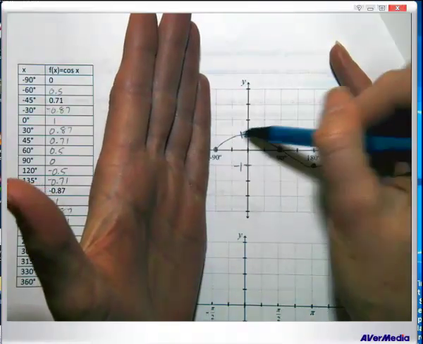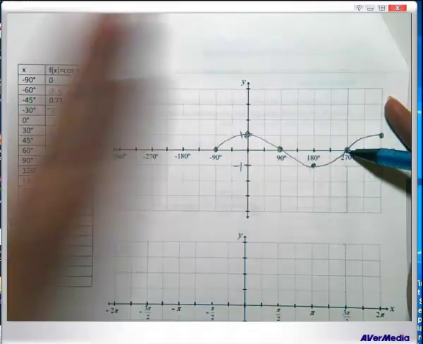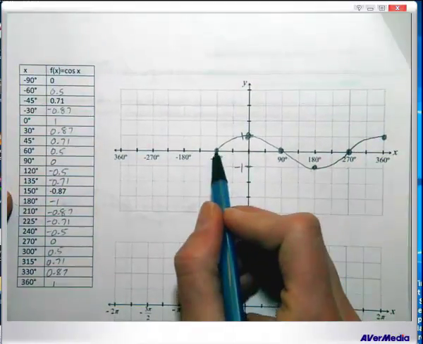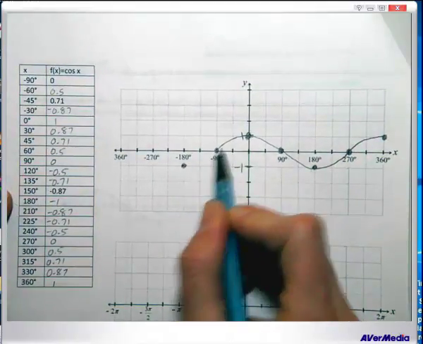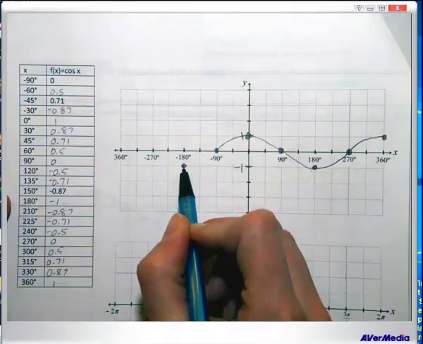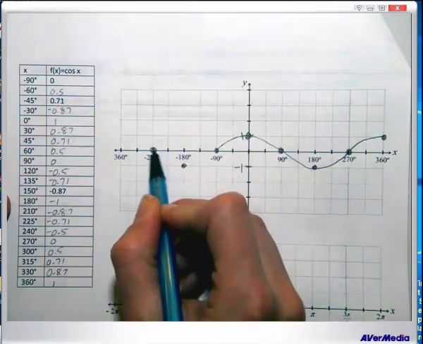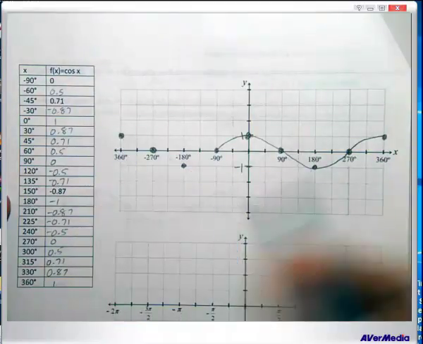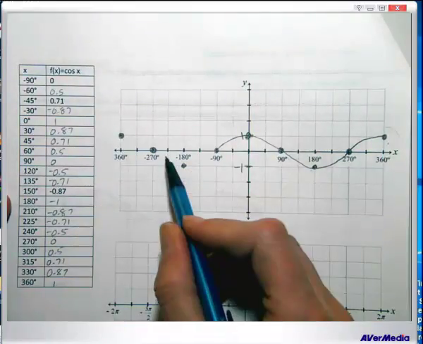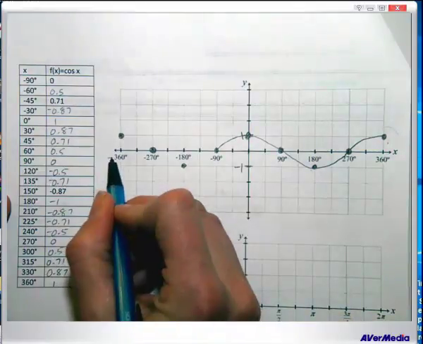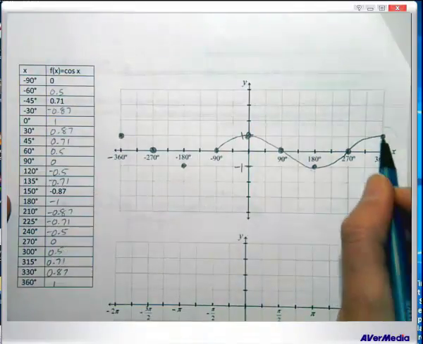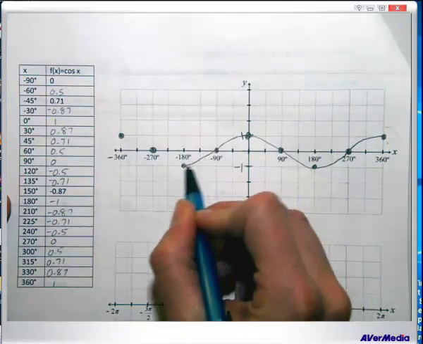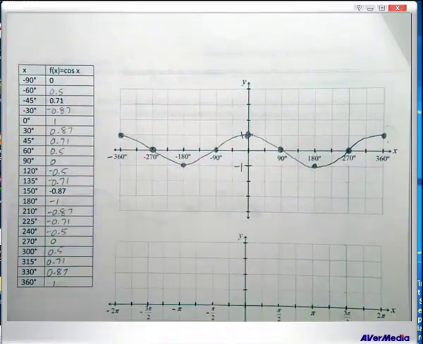Starting here, going up first, back down, and back up. And then I can finish out this graph by going left further. The -180 would be -1. -270 would be 0. And I'd be at my maximum again at -360. This should have been a negative there. At +360, I'm at my maximum, and at -360, I'm back at my maximum.